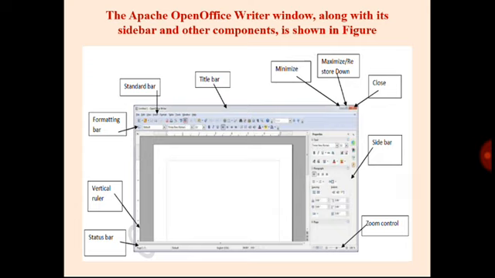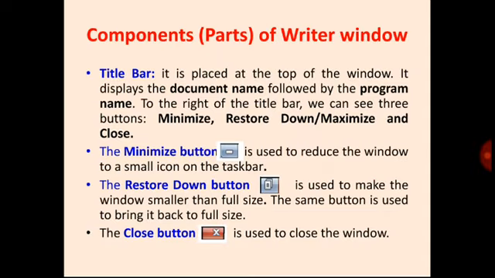Just like Microsoft Word window, this window also has various similar components like title bar, standard toolbar, formatting bar, maximize, minimize and close buttons, sidebar, zoom control, vertical ruler, scroll bars, etc. Now let us see the purpose of these components one by one.